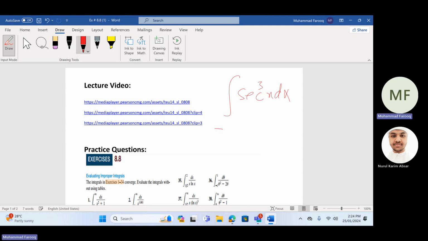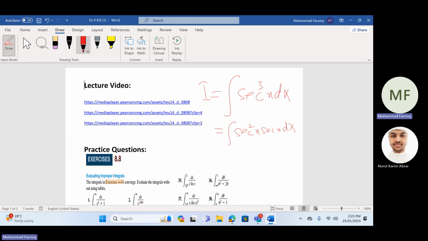Actually, you can write here secant squared x and secant x. Then you use by parts. It's not substitution, because that's not possible. You have to start with by parts. Let this equal capital I. What do you take first and what second?